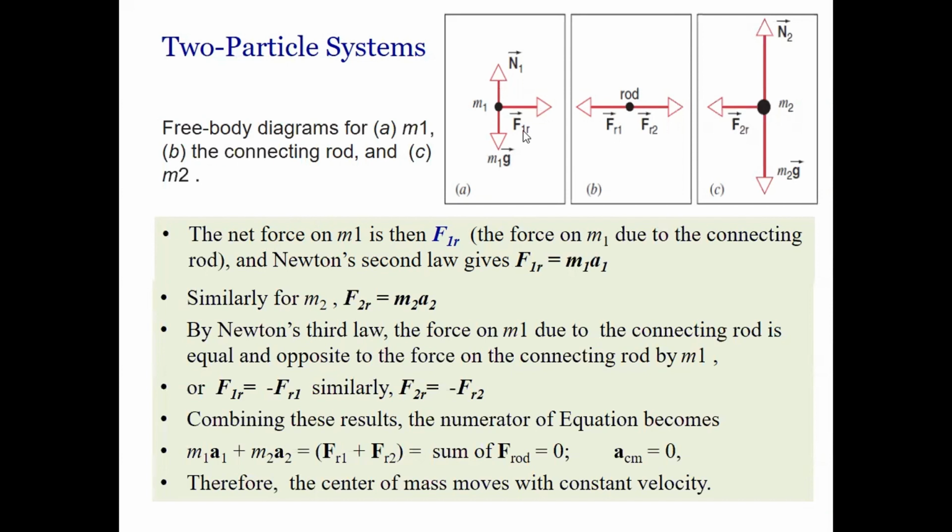F1R is the force on M1 due to the connecting rod, and its direction is shown in the positive x direction. The normal contact force is N1, and the downward gravitational force is M1G.